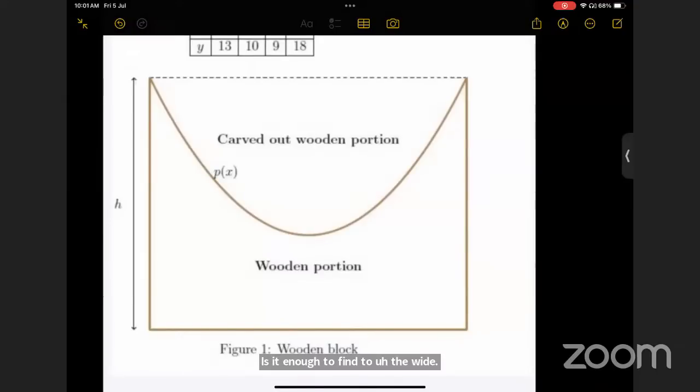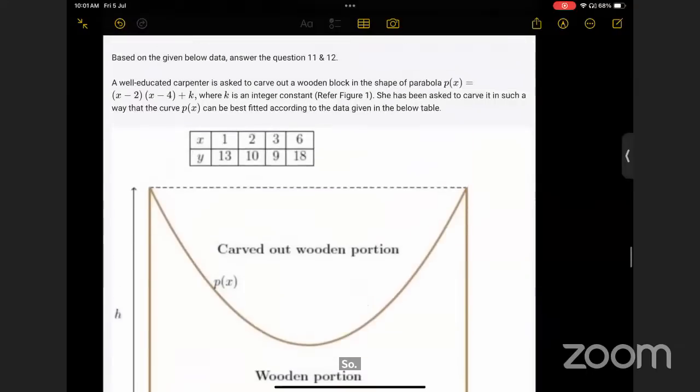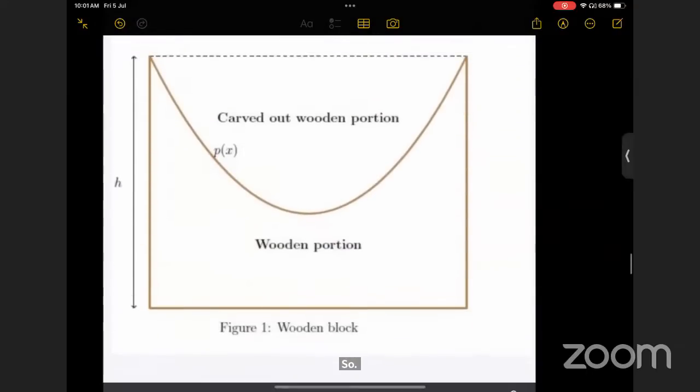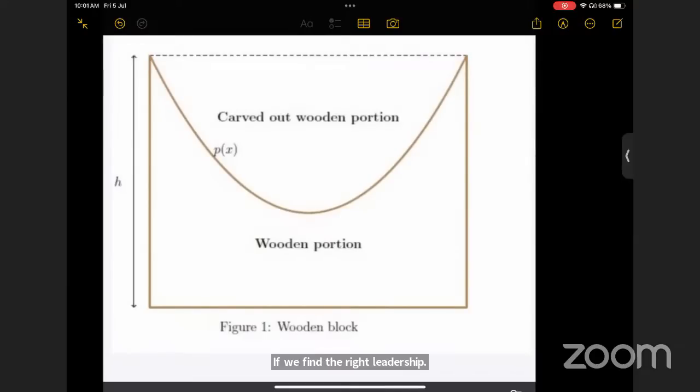Ma'am, I can't understand the second part completely. If I find the y-intercept for the parabola, then we will find the height, right? Because we have taken the side of this box as our y-axis, right? Yes.